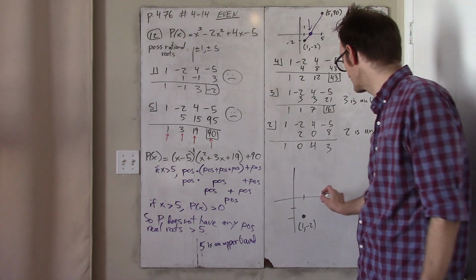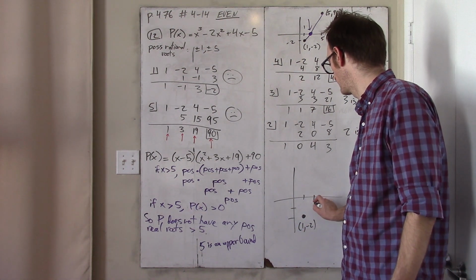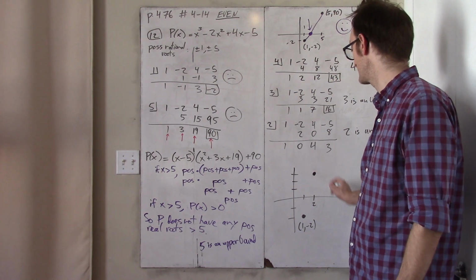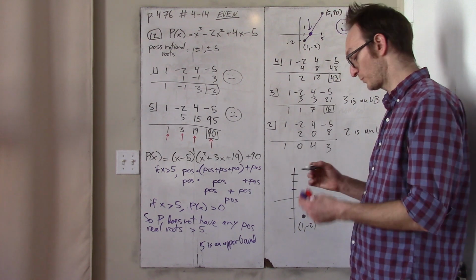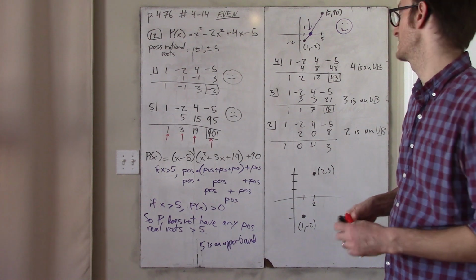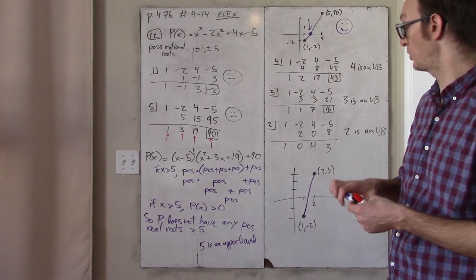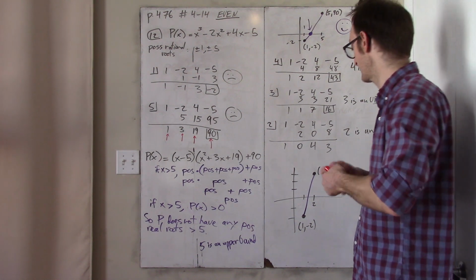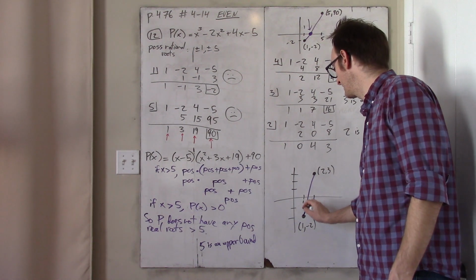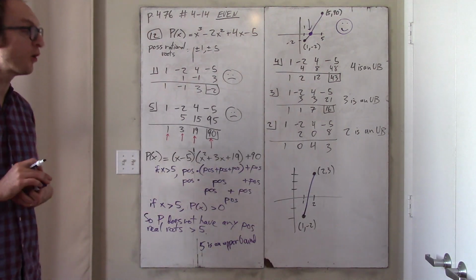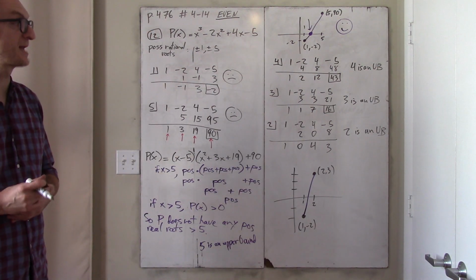So that means by the time x equals 2, I'm up here at 3. And so I've narrowed it down: this function is guaranteed to have a root between 1 and 2, and it's irrational. And there are no roots bigger than 2.